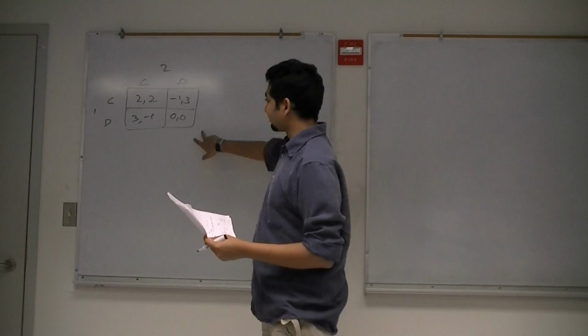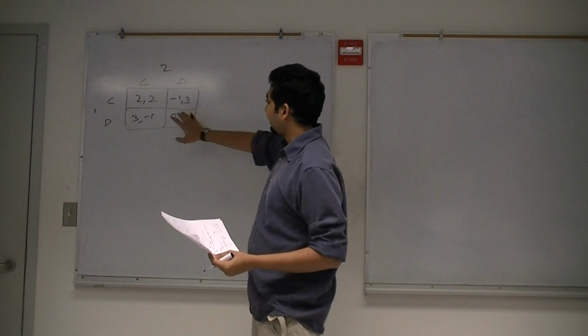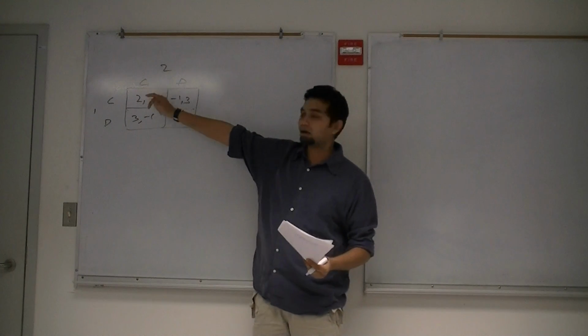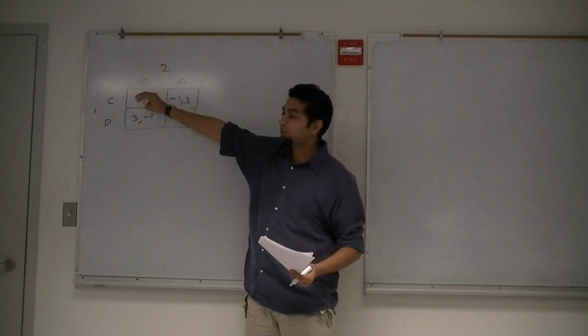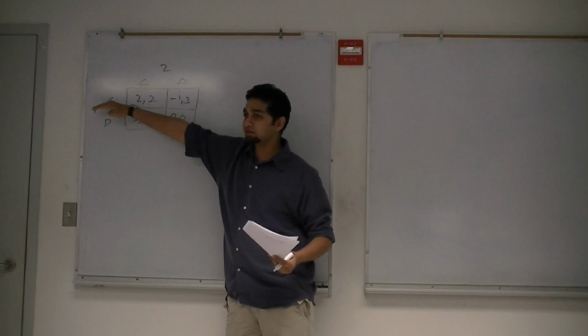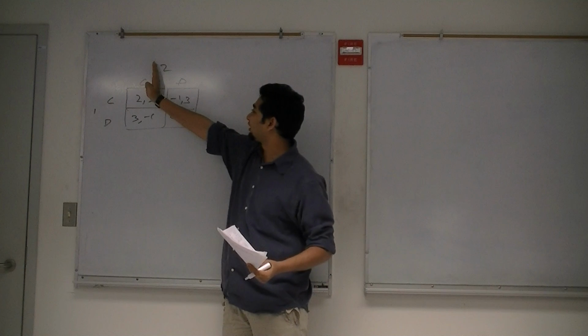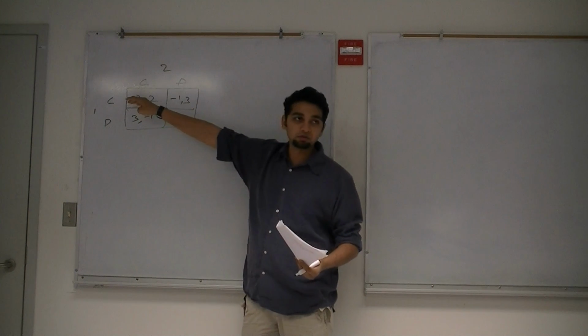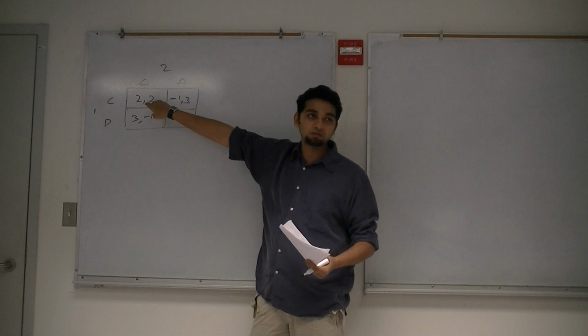This is the payoff matrix. When player 1 selects cooperate and player 2 also cooperates, C and C, player 1 gets a payoff of 2 and the second player also gets a payoff of 2.